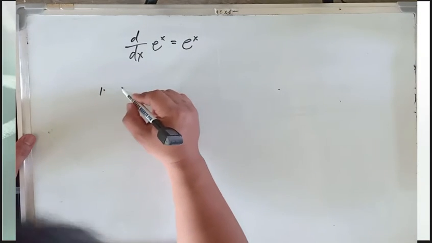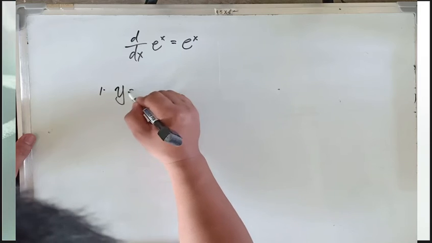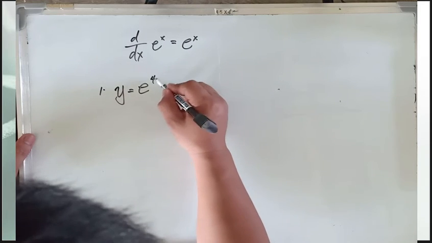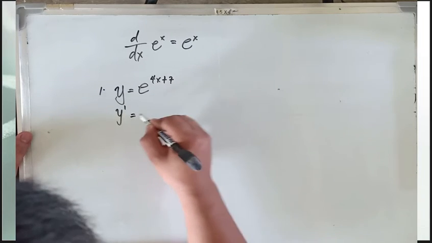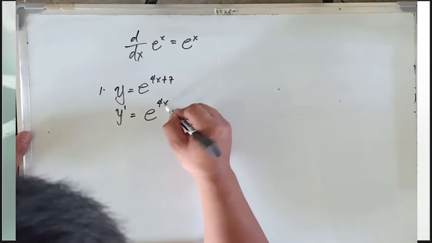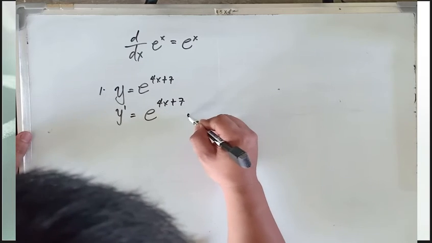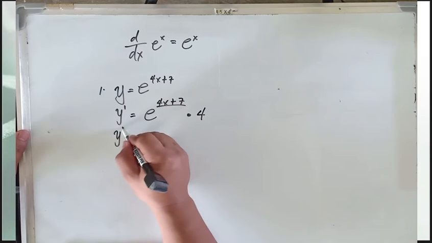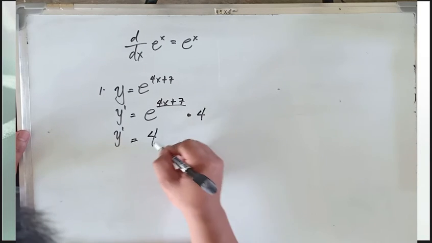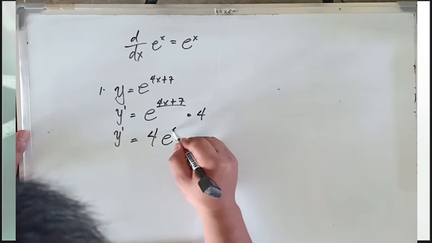Find the derivative of e raised to 4x plus 7. So y prime is equal to, just copy, e raised to 4x plus 7 times the derivative of the exponent, which is 4. So just write y prime is equal to 4 times e raised to 4x plus 7.